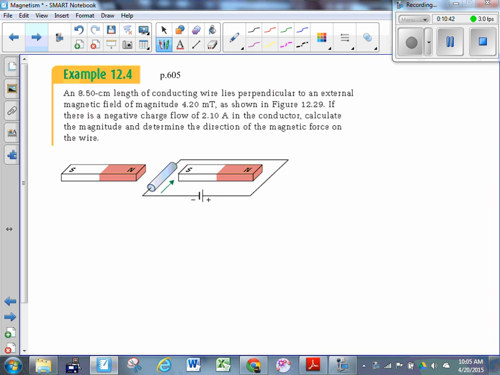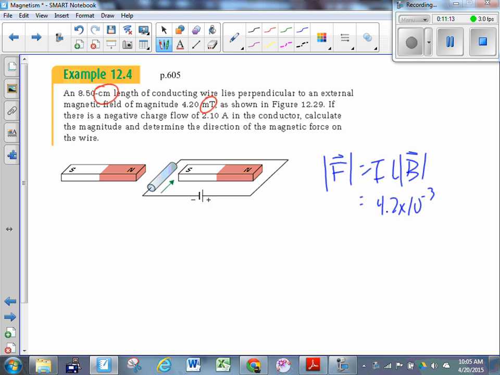Let's do a quick example here. 12.4605 says this length of wire, we're going to circle the centimeters because we want it in meters. It's perpendicular to a magnetic field. That's good. All the hand rules we've learned, all the equations that we've learned are valid. Here's the magnetic field strength. Here's the current. We want to find the magnitude and direction of the force. The magnitude is ILB. It's 4.2 times 10 to the minus 3 Tesla. Sorry.